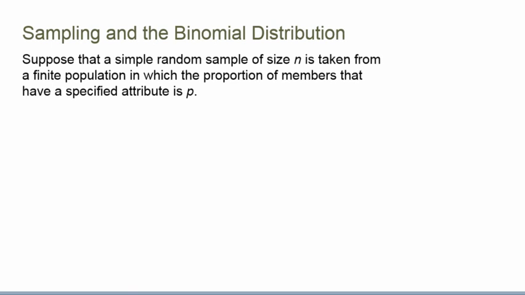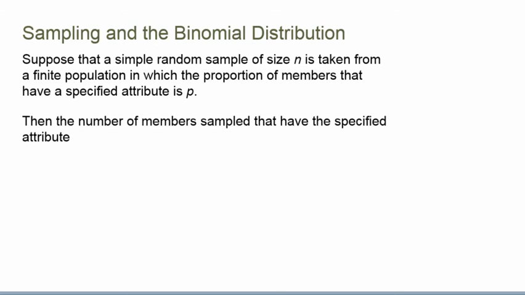Sampling in the binomial distribution. Suppose that a simple random sample of size n is taken from a finite population in which the proportion of members that have a specified attribute is p.